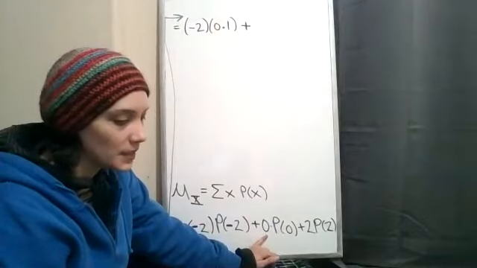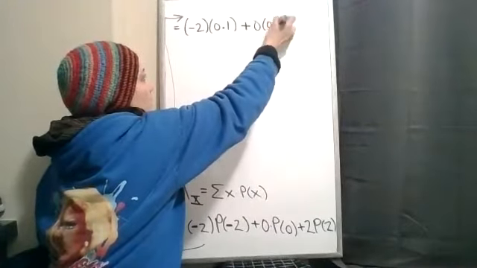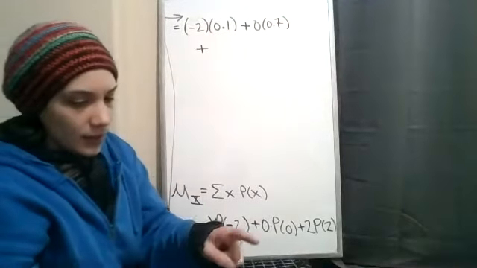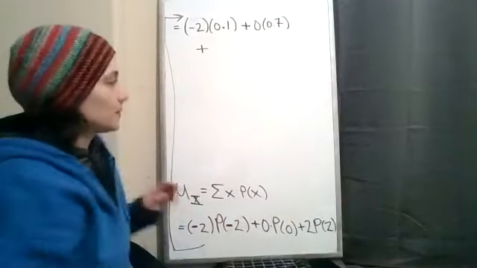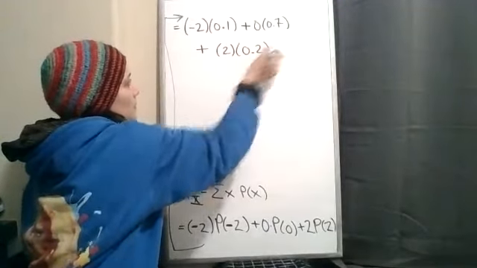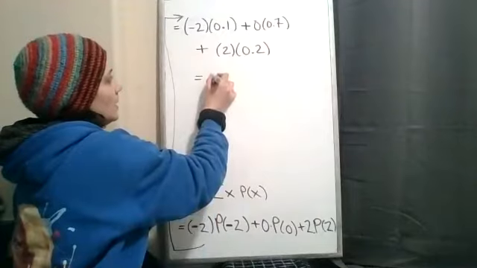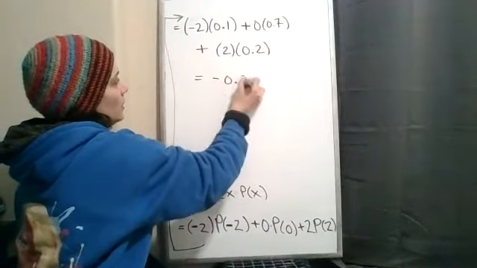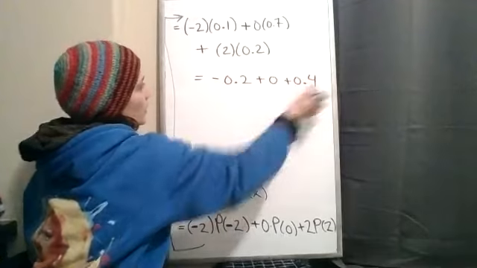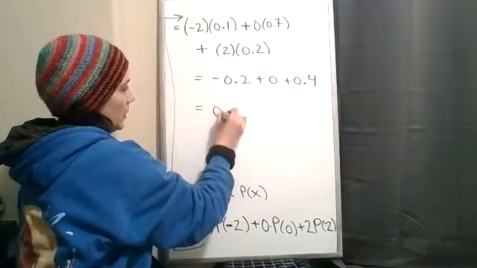It would be 0 times 0.7. And then add 2 times 0.2. Okay. -0.2 plus 0 plus 0.4. So I have this together as 0.